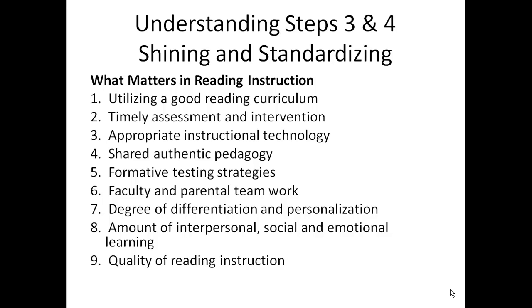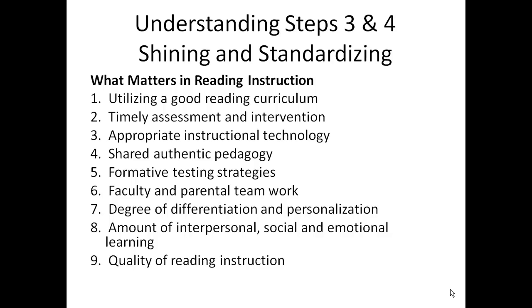So for instance, if we're looking at reading instruction, you may begin this whole process by figuring out what really matters in reading instruction. What is good reading instruction? In one of the other videos, this list is presented. But your building may come up with 2 items or 20 items or whatever makes sense for you. I'm not suggesting this is the list of what matters in reading instruction.